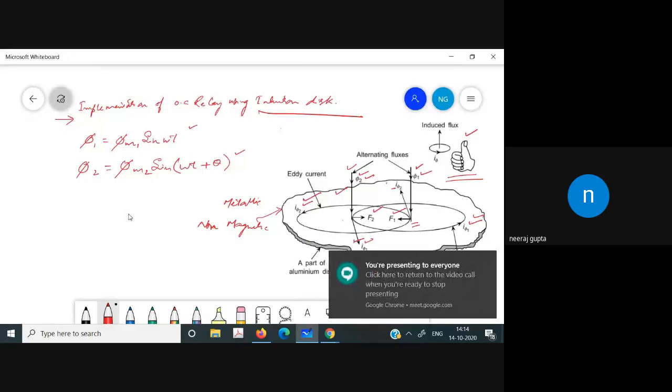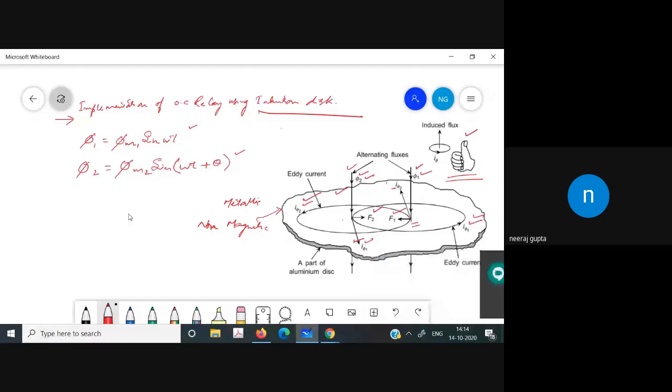The flux phi1 is given by phi m1 sine of omega t, and phi2 is given by phi m2 sine of omega t plus theta. Now each flux will induce a voltage in the disk and give rise to an induced current, that is I phi1 and I phi2 that we have seen here. And let us assume that the eddy current path has negligible inductance.